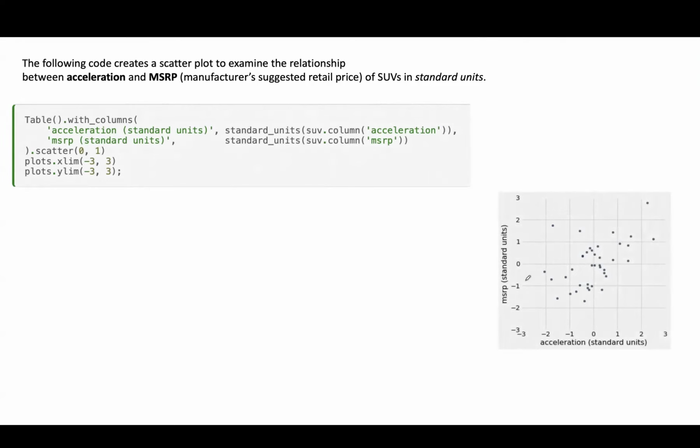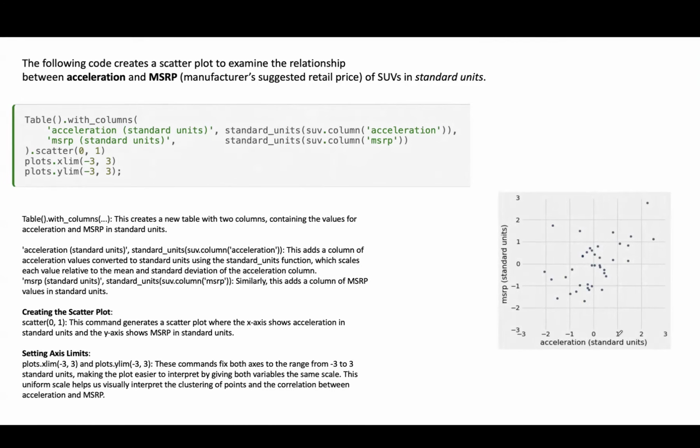We see an increasing trend, but again, the units on the horizontal and vertical lines are more scaled. And here is the breakdown of the code. As usual, table with columns, restrict them to the columns that you're interested in using. And then you use a scatter plot, and you set the limit for the axis as well.